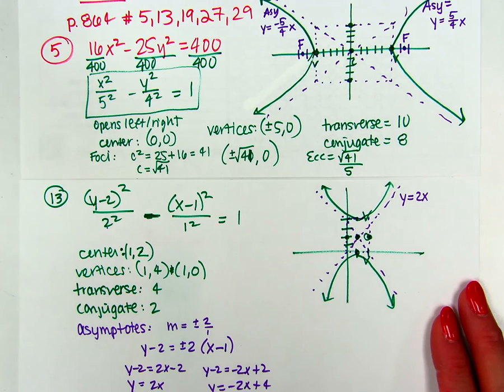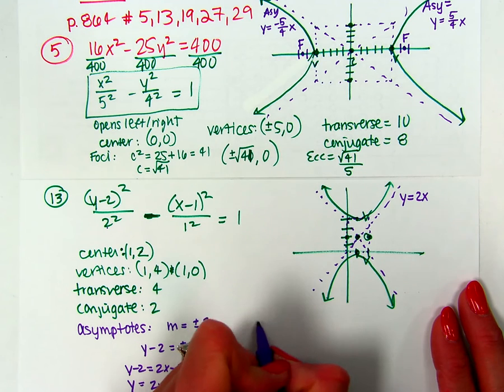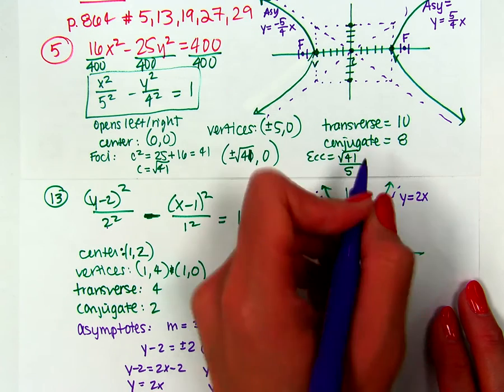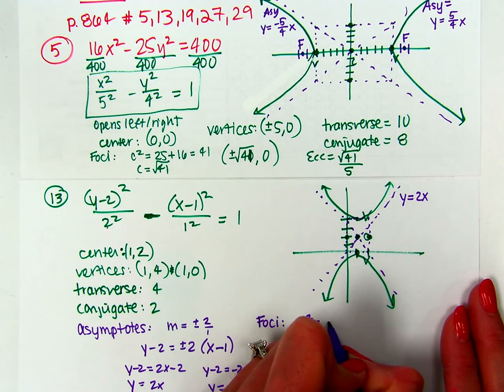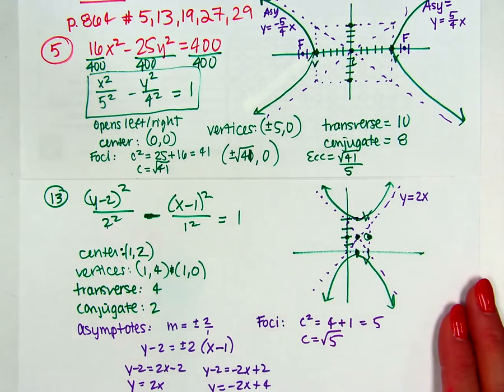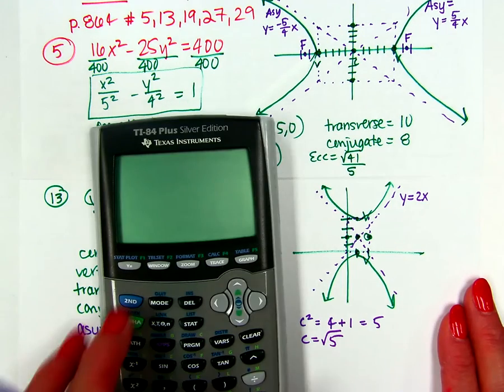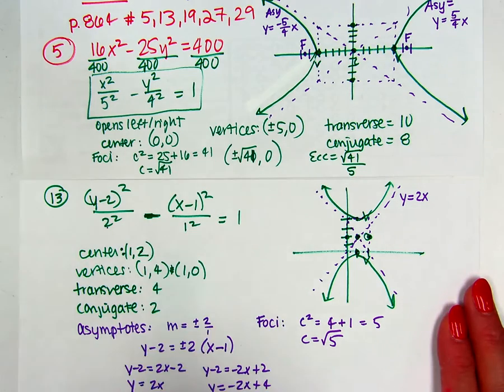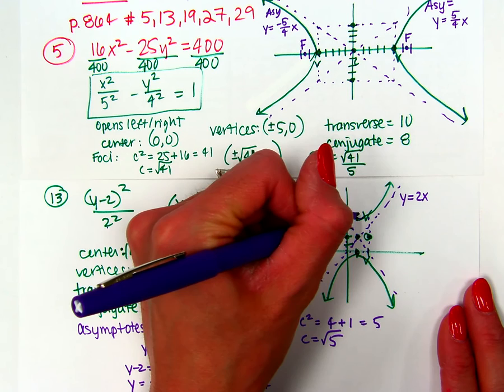I do need to indicate where my foci are. So those should be c units away from your center. So a squared is 4 plus 1, which would give me 5. So c is equal to square root of 5. And then for the purposes of graphing, square root of 5 is about 2.2. So I'm going to go about 2.2 units.